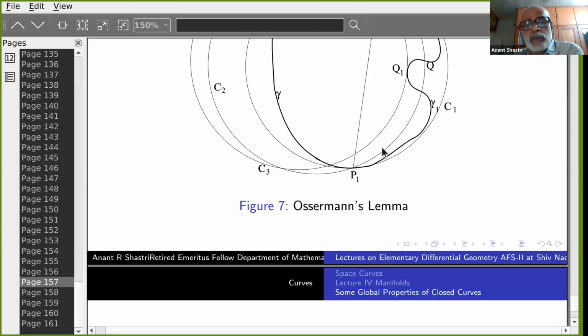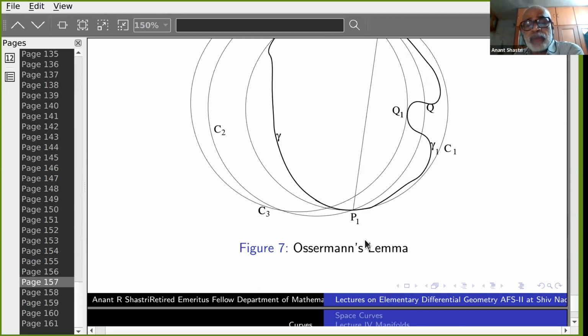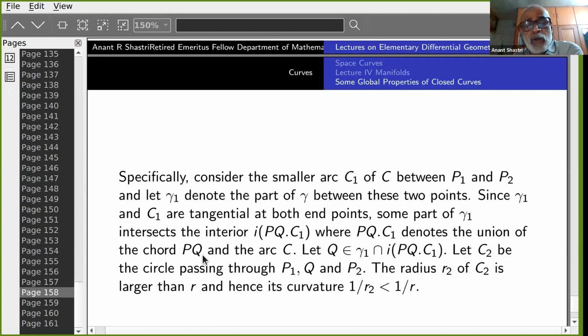So P1, P2 in the diagram, it is P1, P2, C1. This is the curve. It's a sector of this circle and the chord. It must be inside that one, where this denotes the union of the chord PQ and the arc. Sometimes I say P1, P2 and sometimes PQ, sorry for this notational difference.